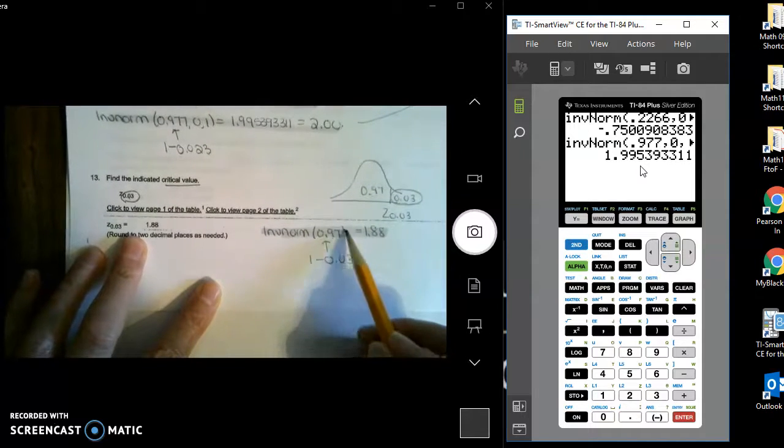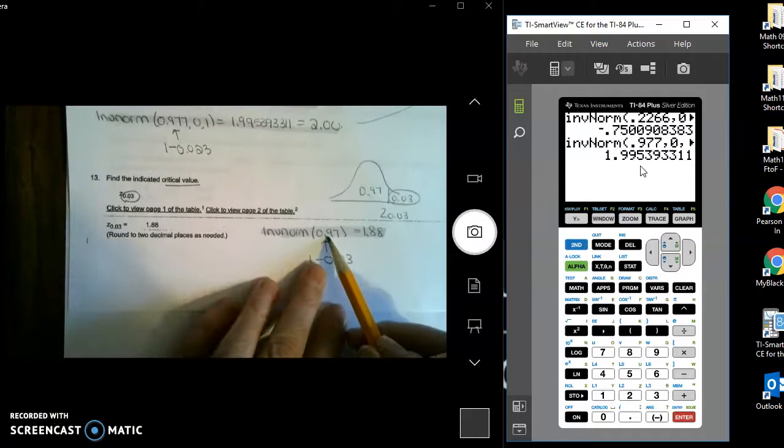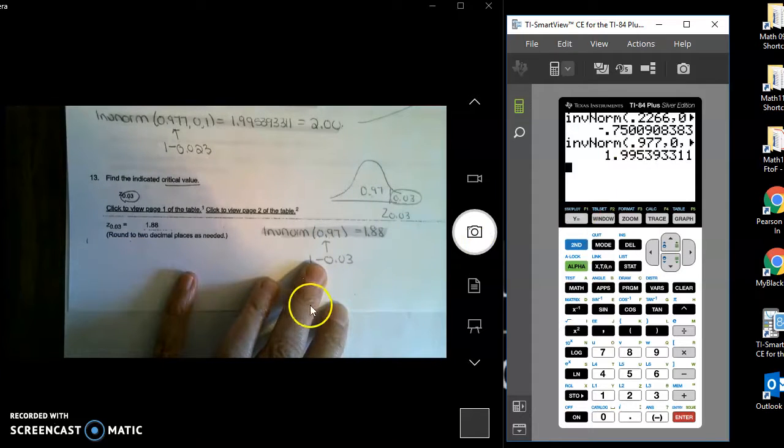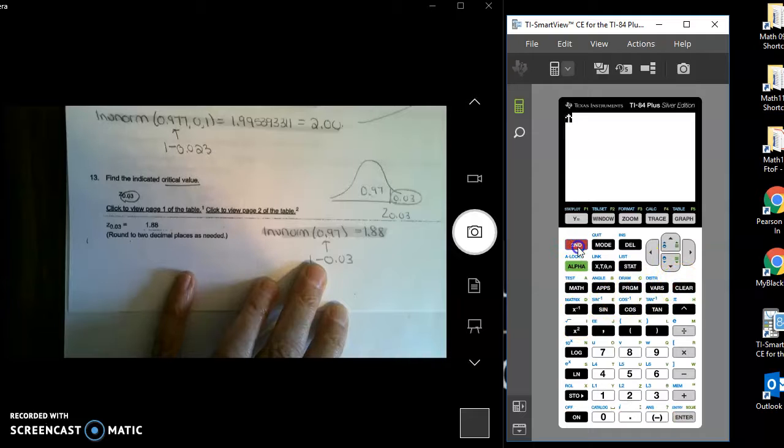And again, you can either put this in with your older calculator, or if I go ahead and do this one, I'm just going to do it here. So I go under distribution, inverse norm. Area to the left is 0.97. And then for the standard normal, the mean is always 0, the standard deviation is always 1. So you get 1 point.